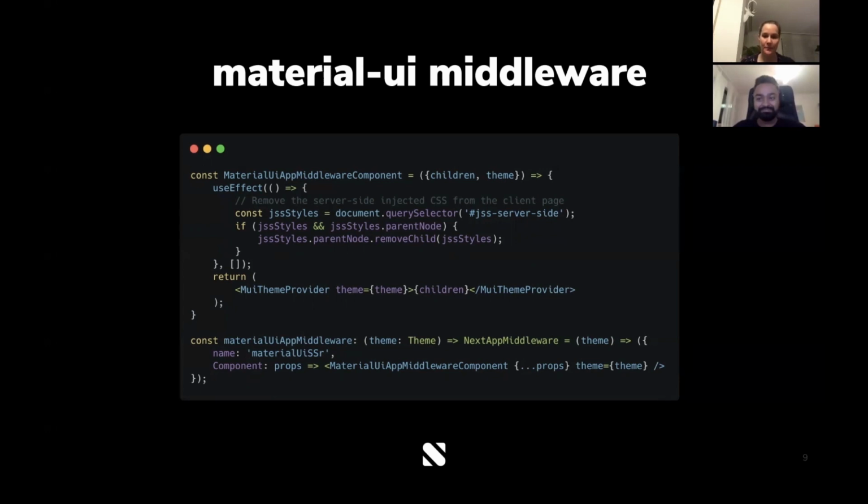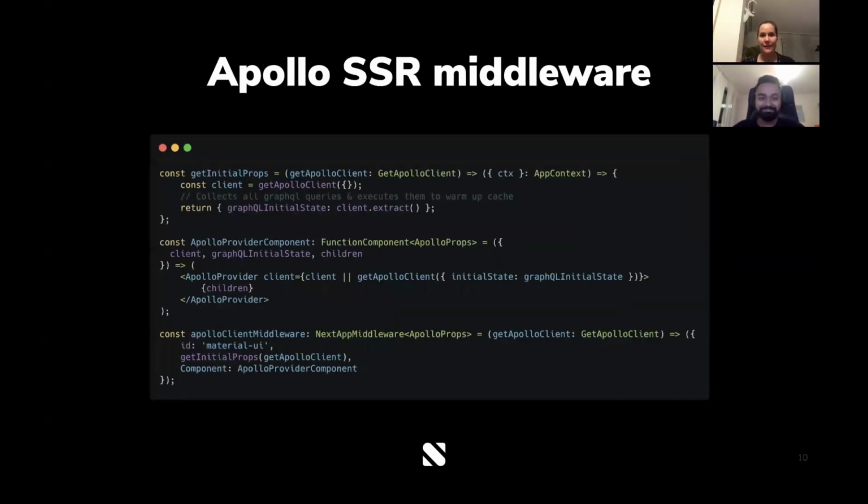That's so beautiful. Last but not least, the Apollo middleware. There is not much more magic going on than in the others. So we would actually override the getInitialProps, and we would provide a component. However, there's one detail that I want to point out here, and that's that the middleware is typed.